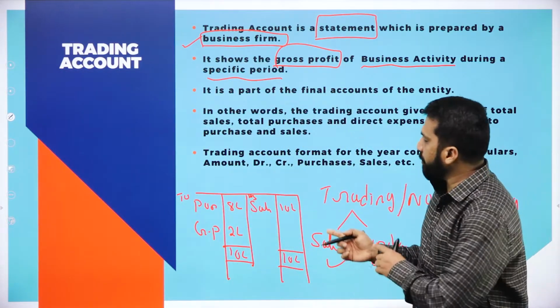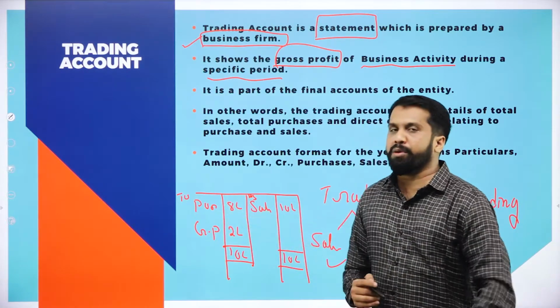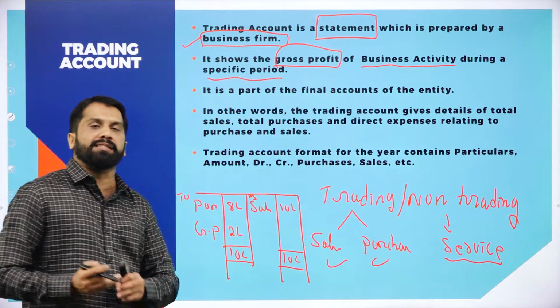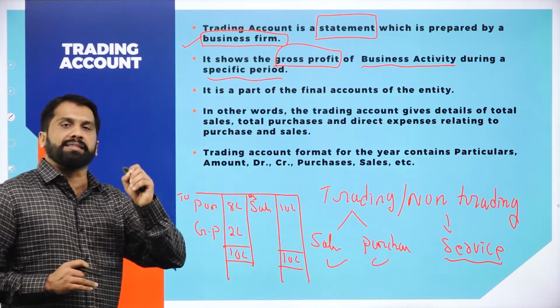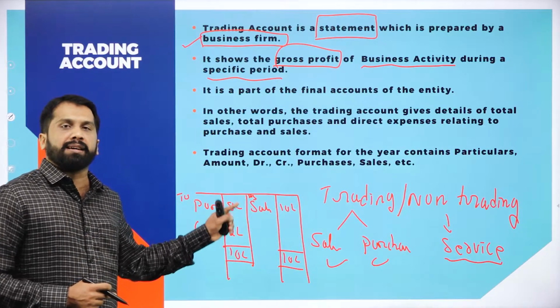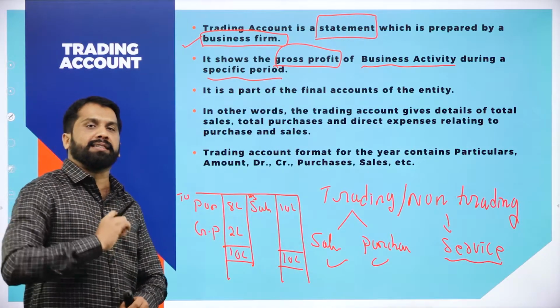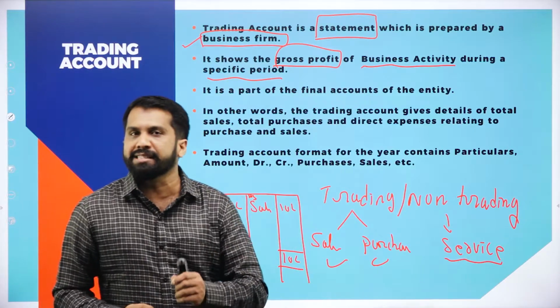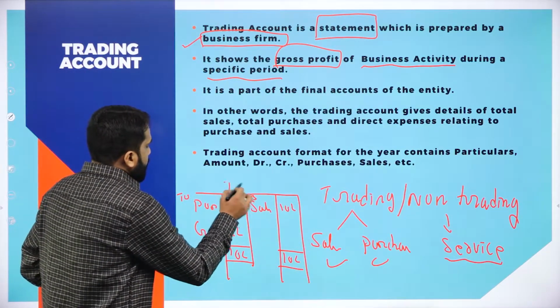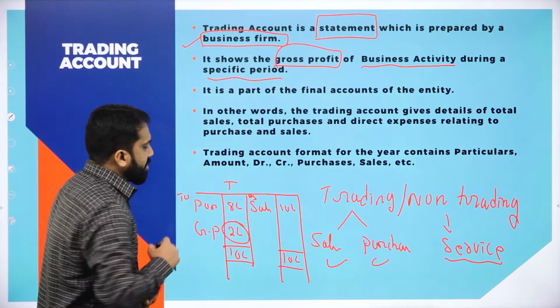It is not only purchases, we also include all direct expenses. Which are those direct expenses? We already learned in Financial Statement 1. Again, we will repeat the concept of trading, like direct expenses as well as indirect expenses. So this will be your gross profit.